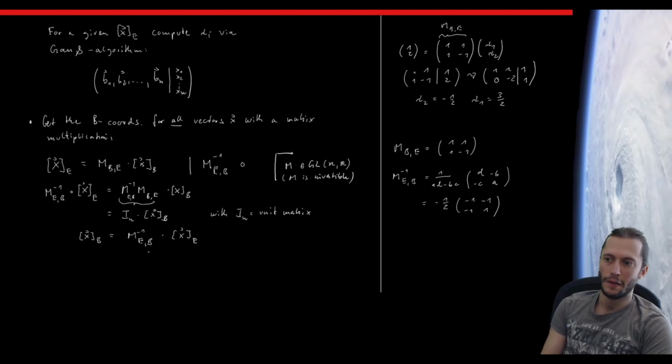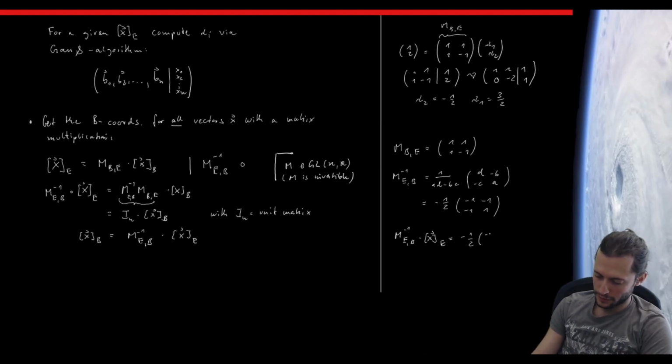Let's apply it to the vector 1, 2 and see if we get the lambdas which we calculated earlier. All right. M inverse times x with respect to the E basis equals minus a half times the matrix minus 1, minus 1, minus 1, 1.